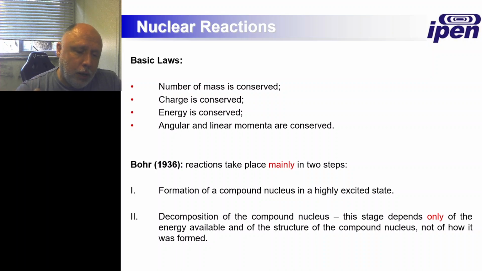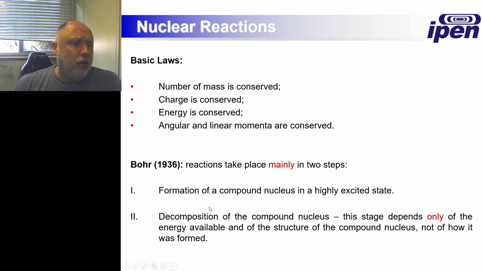As nuclear reactions only involve the nuclear strong force, protons are conserved and neutrons are conserved. So the number of protons you had before the reaction will be the same you have after the reaction. The number of neutrons you have before the reaction will be the same you have after the reaction. They will be only misplaced. They will exchange places, okay?